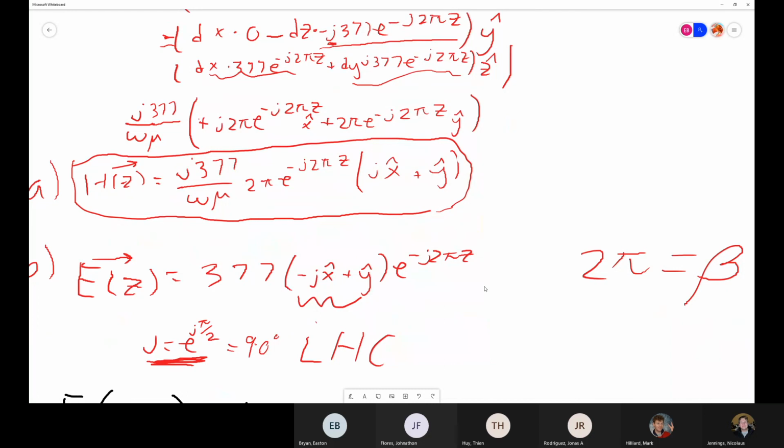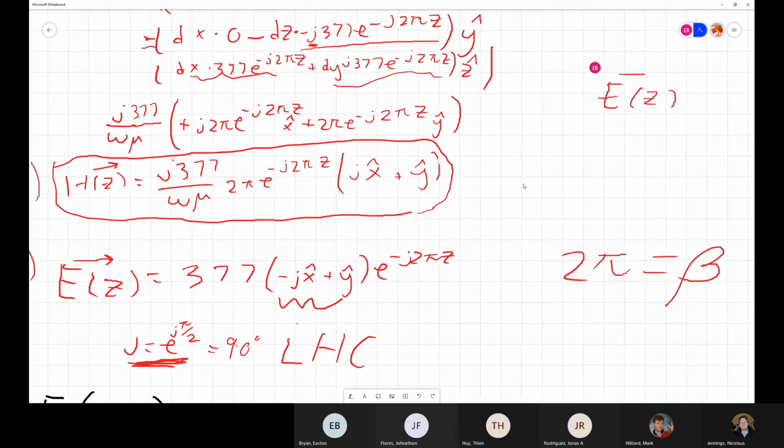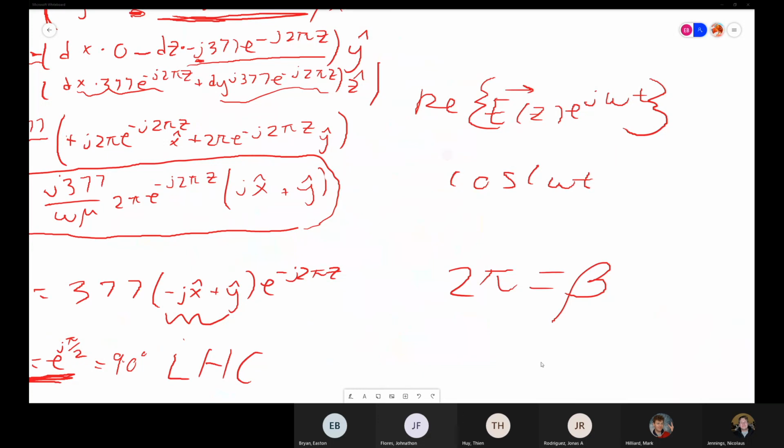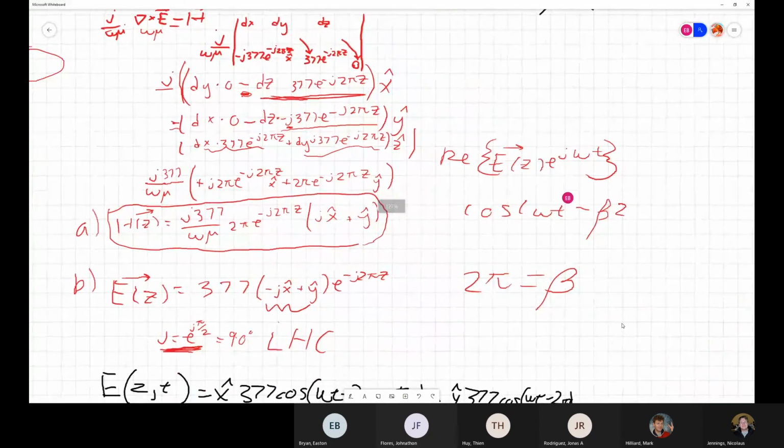So you take the phasor part, multiply by e to the j omega t, and take the real part. So that you end up with cosine omega t plus, or excuse me, oh my gosh, minus beta z.